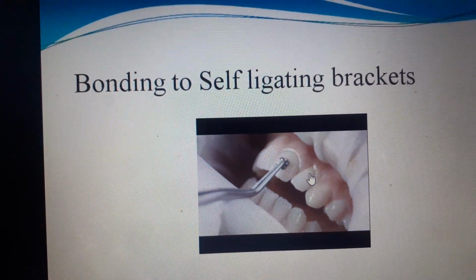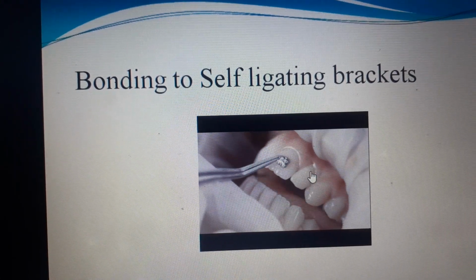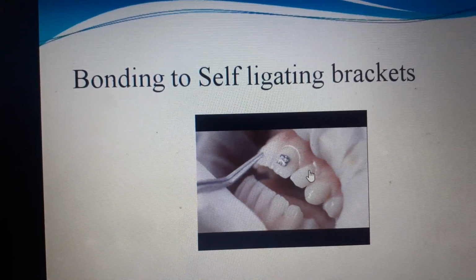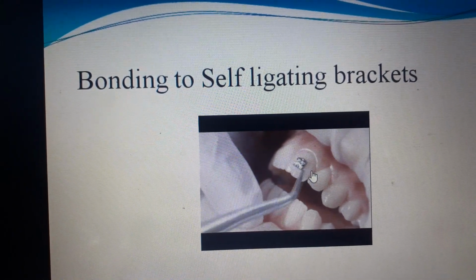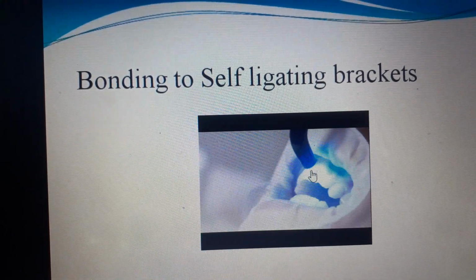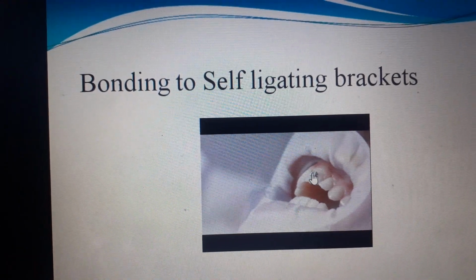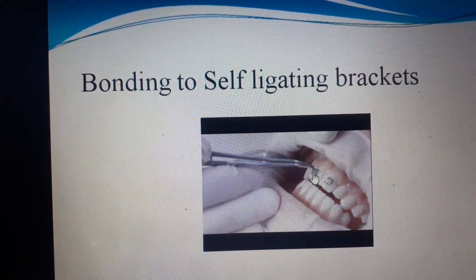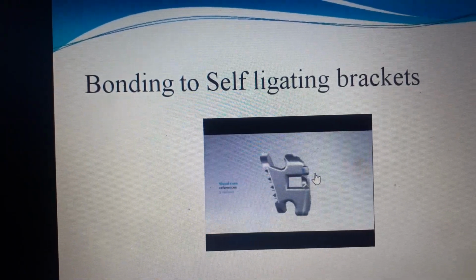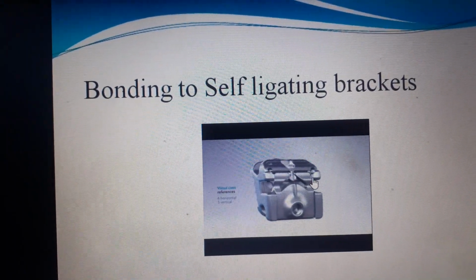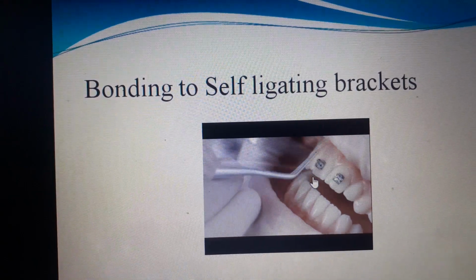The bracket is bonded after all the procedures are done, excess is removed, and after correct bracket positioning it is cured. Then like this, all is a self-ligating bracket.